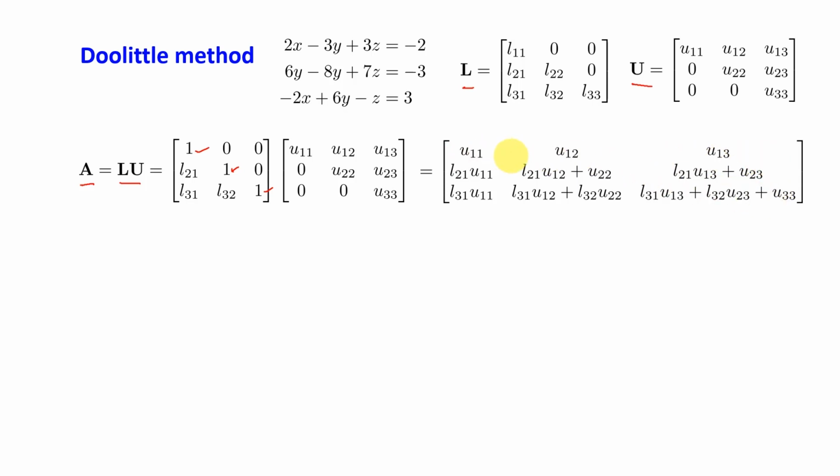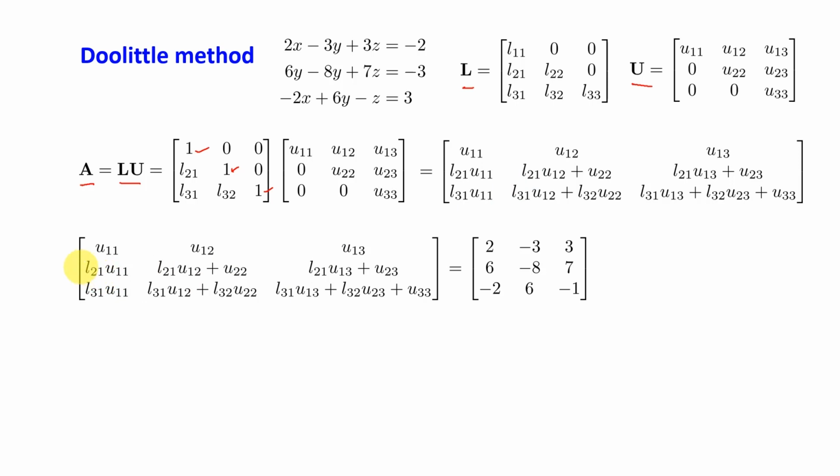On the top you can see that U11, U12, U13 is there, and then we have additional 2 rows here. In these rows, of course, we have several cross terms, unlike the first row. If I now equate the A matrix with this LU matrix, and we can equate term by term, I should be able to get all the elements of L and U, since we have only 9 unknowns and 9 equations.